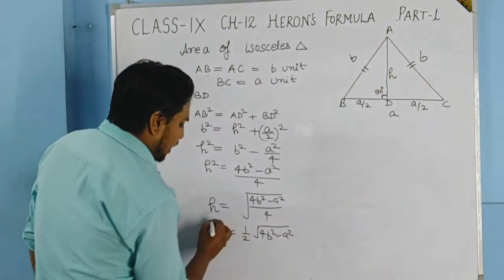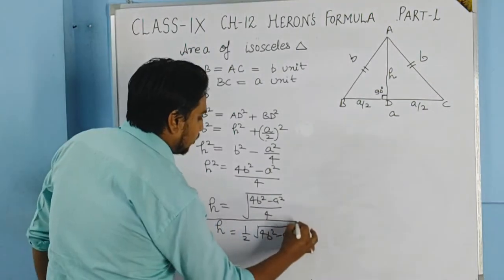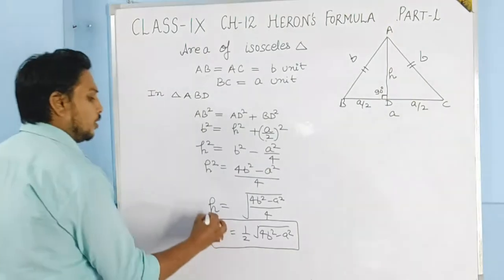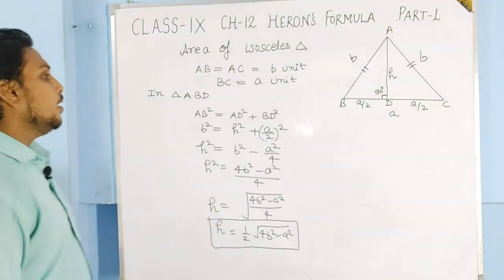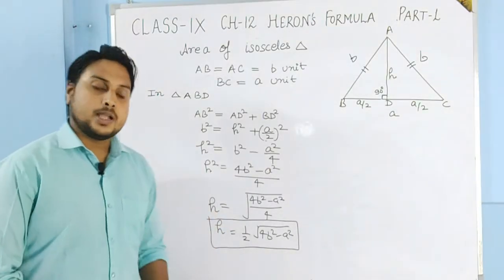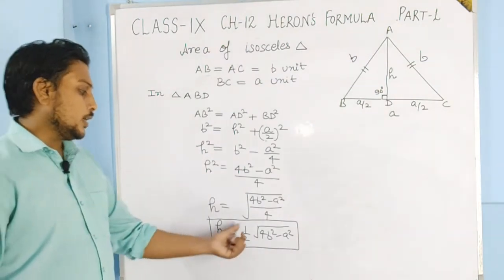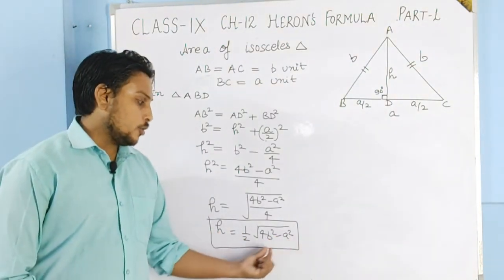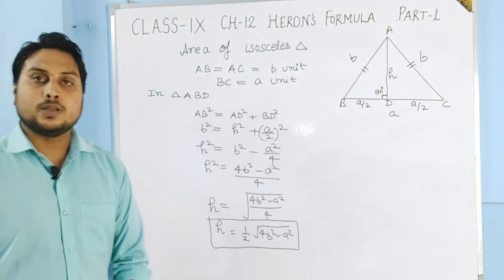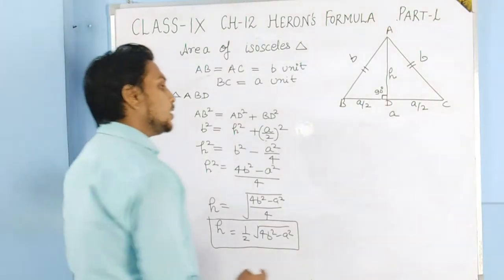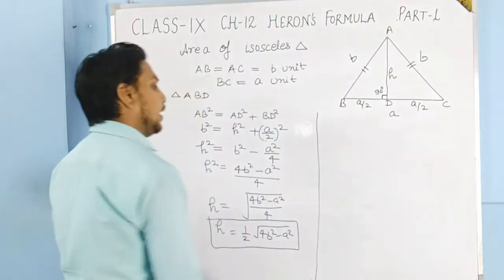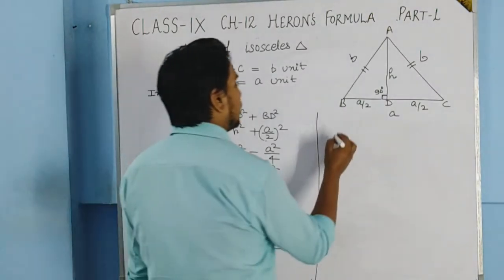So here the height of the triangle: if someone asks what is the formula for height of the isosceles triangle, you can say half in square root 4B square minus A square, where B is the length of the equal sides and A is the length of the unequal side.